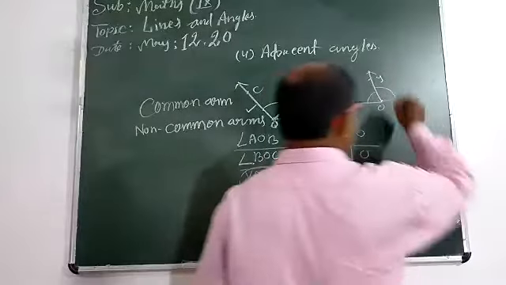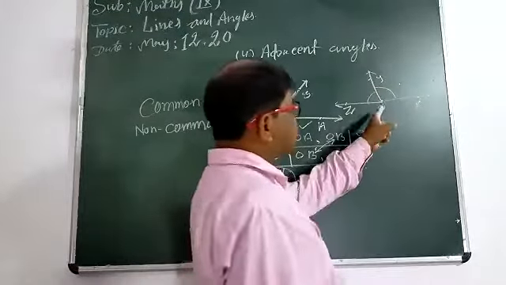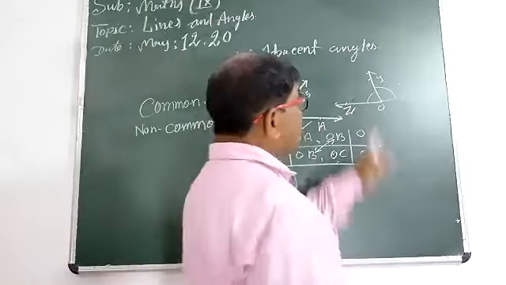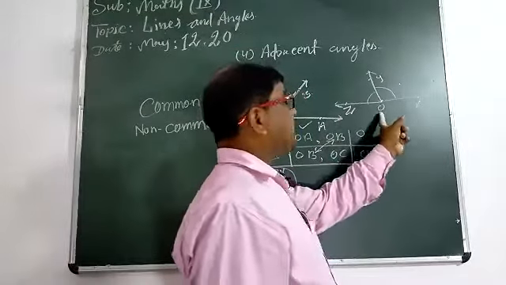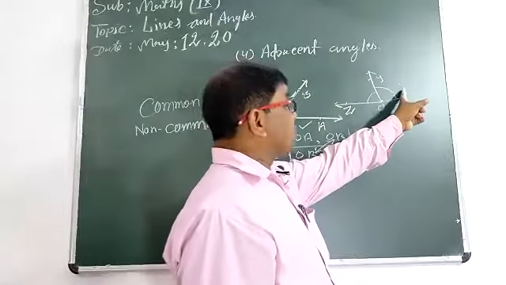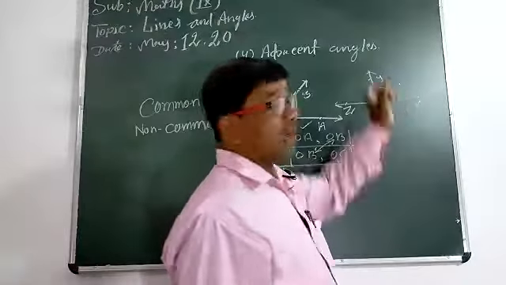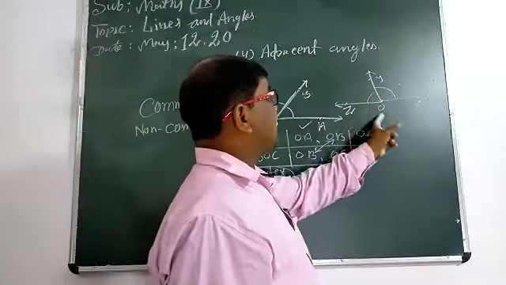For the first angle, XOY, its vertex is O. For the second angle, YOZ, its vertex is O also. Its arms are OX and OY, and its arms are OZ and OY.